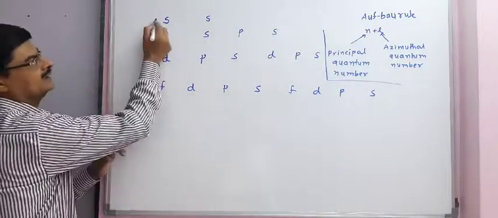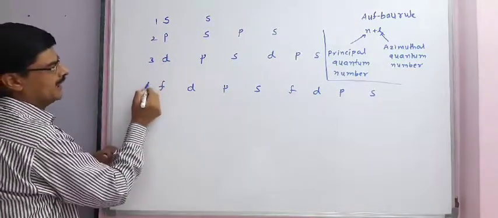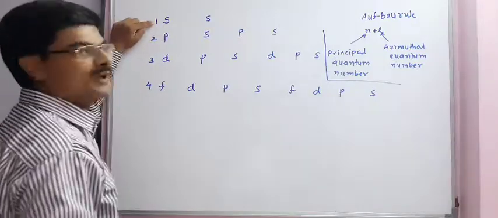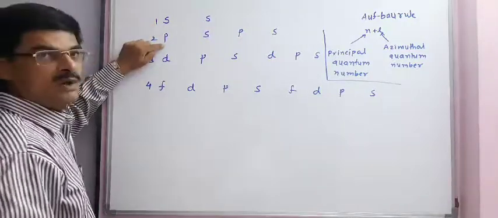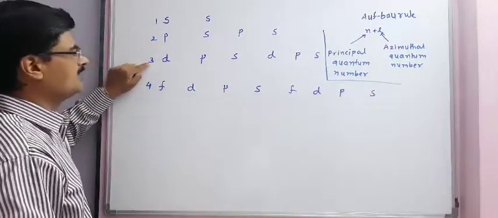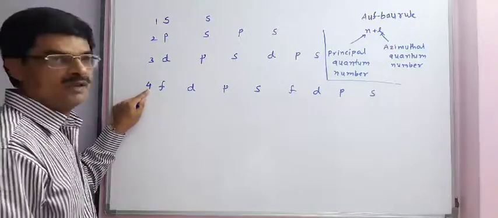Now writing s1, 2, 3 and 4, because s orbital starts with principal quantum number 1, p orbital starts with principal quantum number 2, d orbital starts with quantum number 3 and f orbital starts with principal quantum number 4.